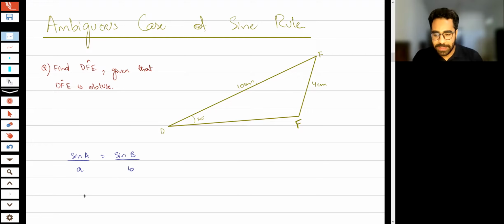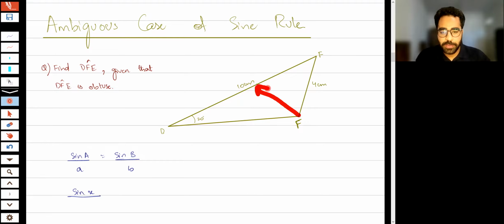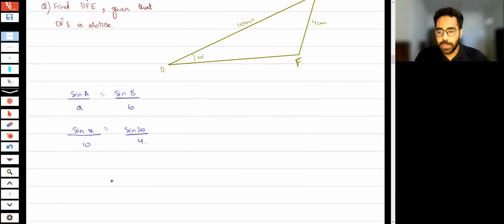I'll take that as x, so I'll get sine x. I have to take the side opposite to it in my denominator. The side opposite to it is 10 centimeters. Then I'll take the angle which is 20 degrees, and the known angle on the known side, obviously, sine 20 over 4 centimeters. So yeah, मेरे पास क्या आ जाएगा?